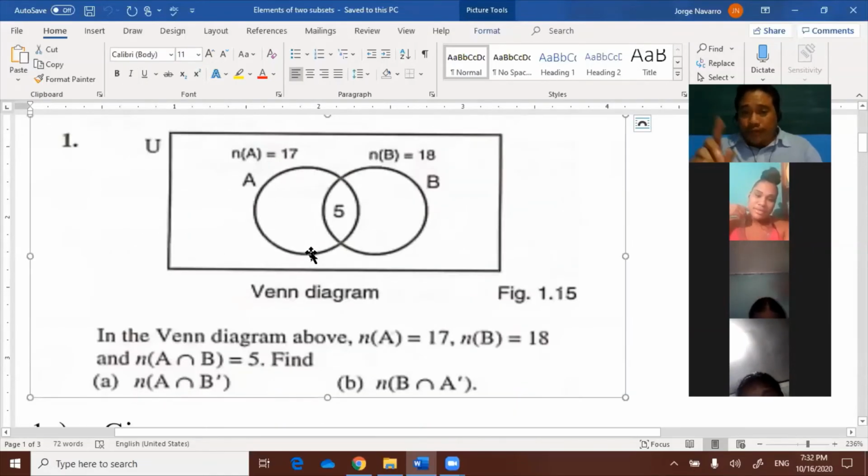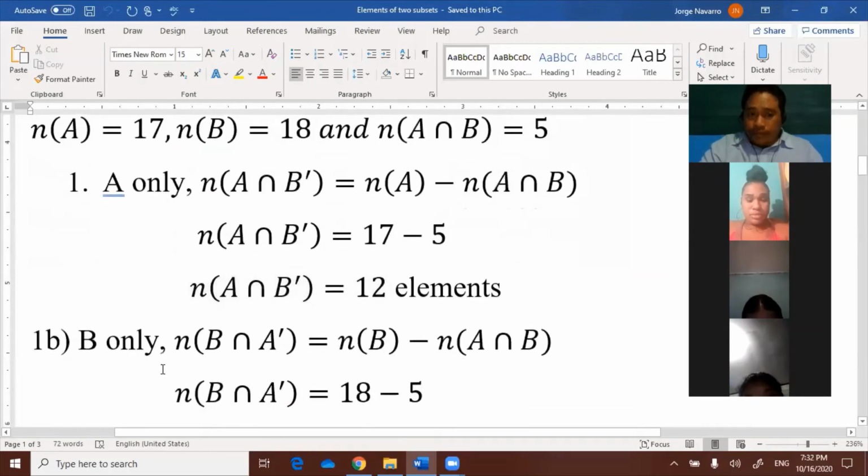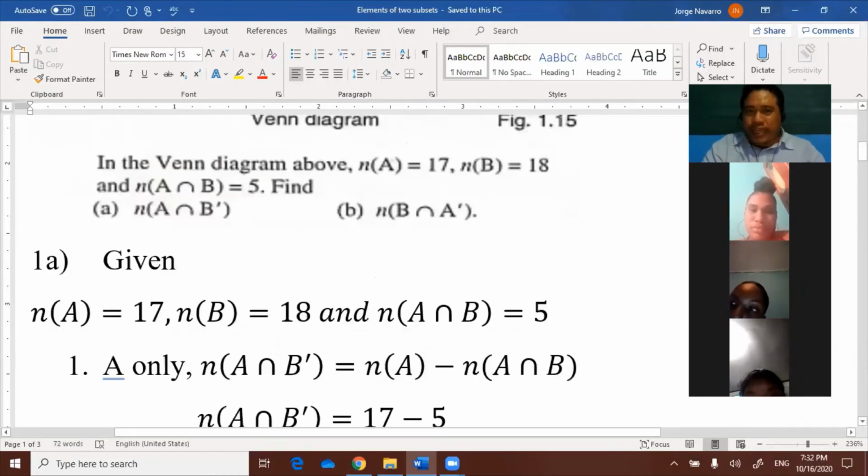Notice this is only half the question. The next question says the number of B intersect A complement. That there, we call it B only. So how we're going to do the formula is we're going to put the B where the A is, and we're going to put the A where the B is. So B only, the number of B intersect A complement, is equal to the number in B minus the number in A intersect B. In other words, let's look at it in the diagram.